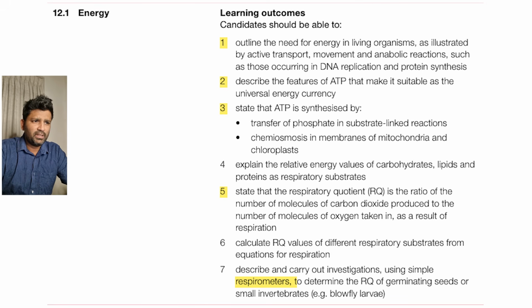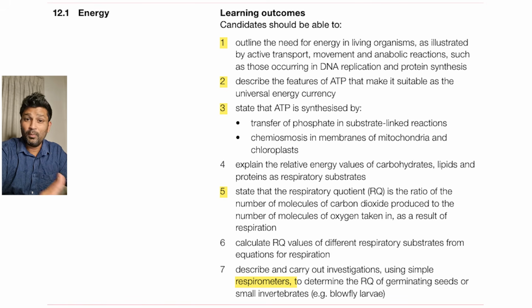Another thing that you might want to look at is questions on the respiratory quotient. First of all, you should know what respiratory quotient is, and there are two ways you can calculate it.